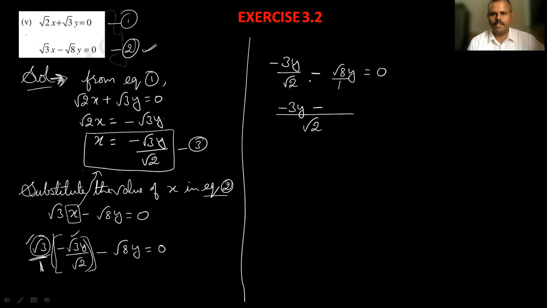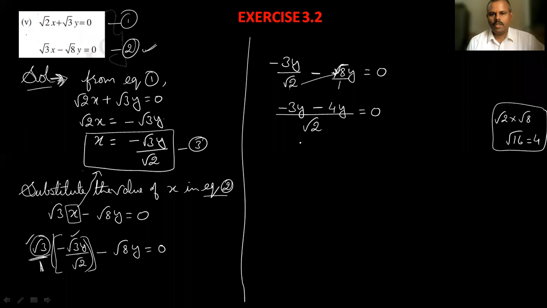When you cross multiply these two, what are you going to get? It is 4y, because when you multiply under root 2 and under root 8, it is under root 16, and the square root of 16 is 4.